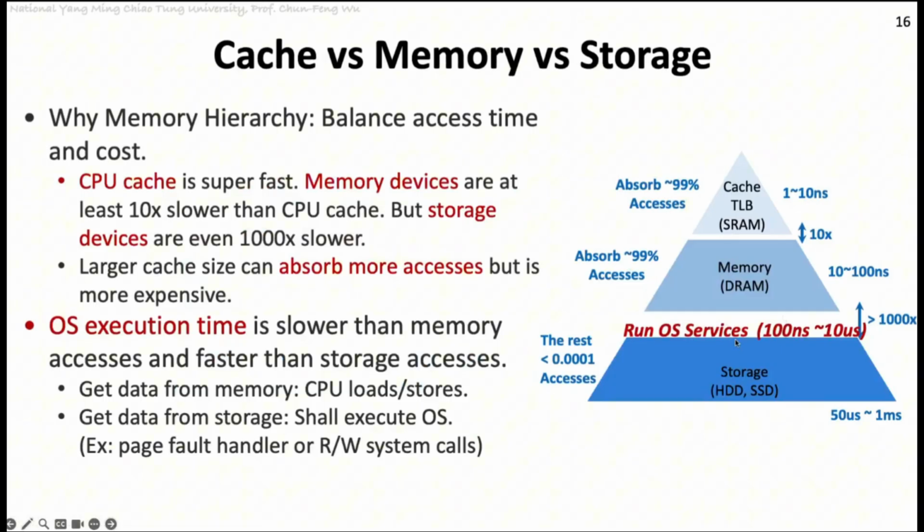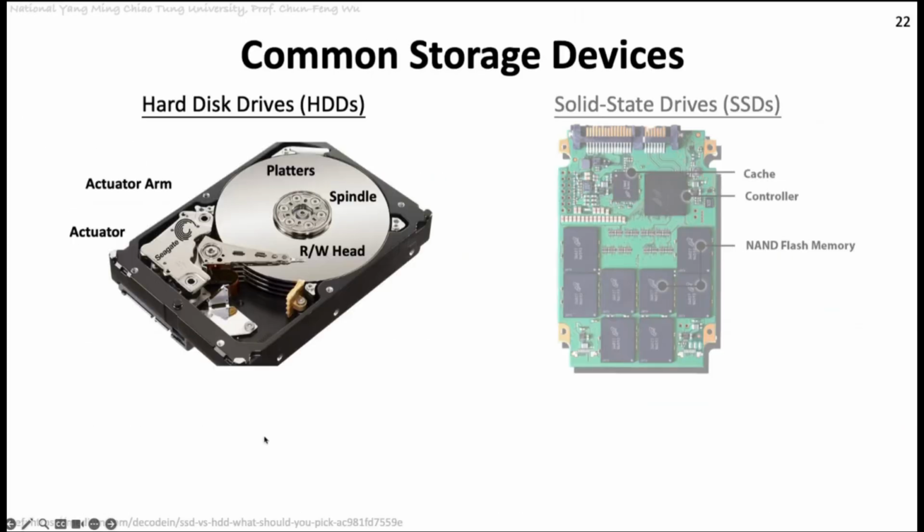So the cache should have a longer lifetime because it should endure a lot of writes. If you put NAND flash at the cache level, and NAND flash only has a lifetime of 10 to the 6, it can only endure 10 to the 6 accesses, then NAND flash will burn out.